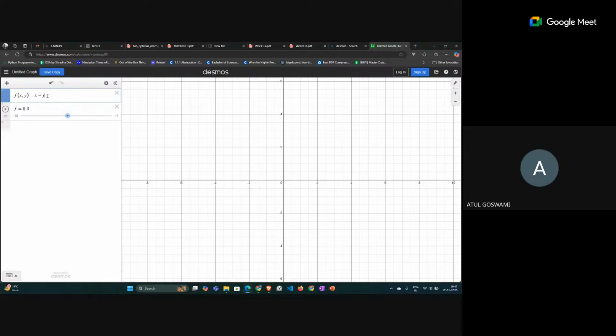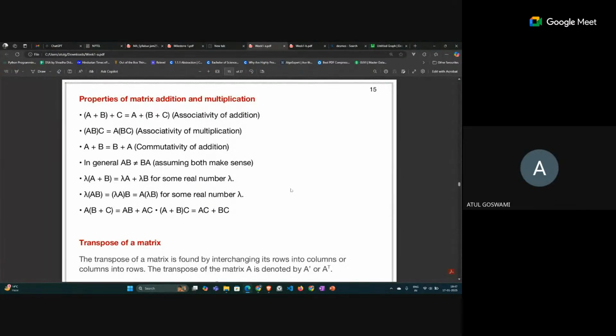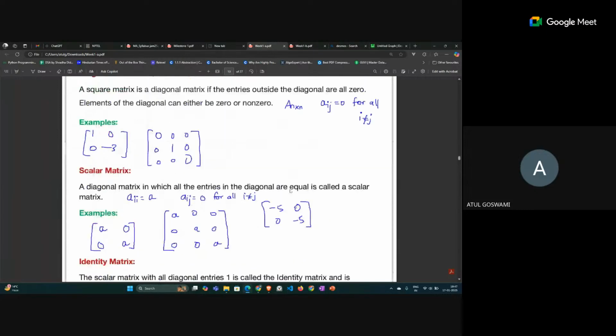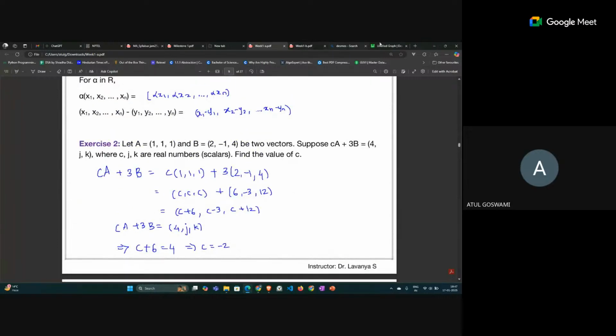Okay, so it is not working. I don't know. I can show you in this slide itself. This is R3.